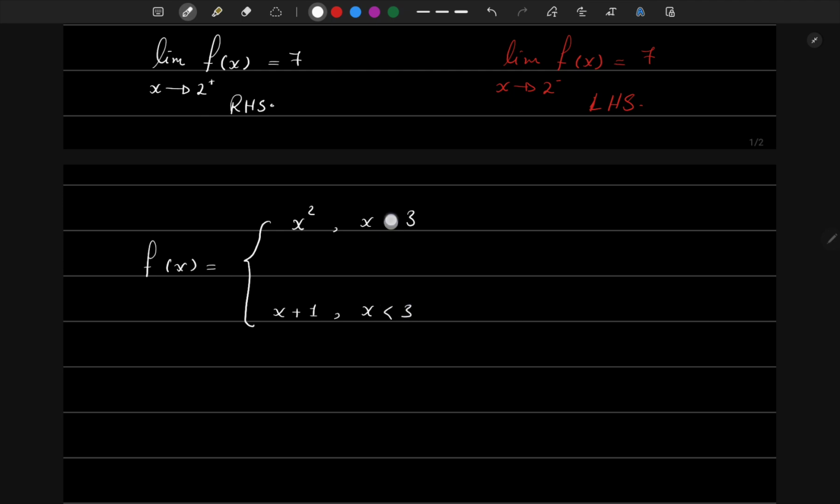Or let's reverse it. Let's make it here, when x is smaller than 3, it equals x squared. And it equals x plus 1 when x is greater than 3.